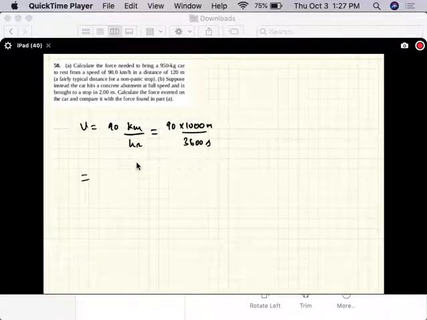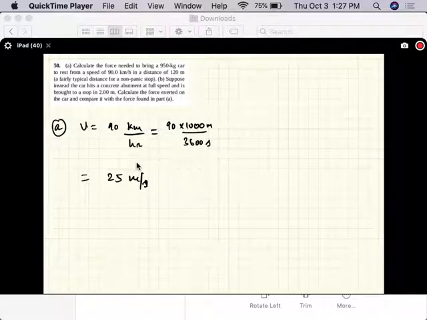So you are trying to bring this car to a stop from 25 meters per second. What is it that you're calculating? Calculate the force.